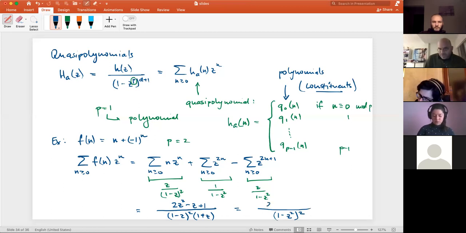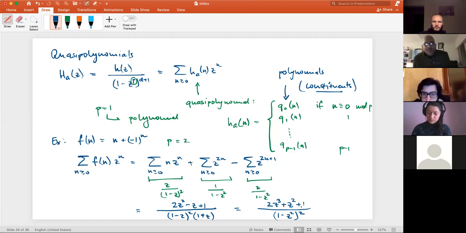And I believe this is, so again, I computed this earlier, a 2z cubed plus z squared plus 1. Yeah, so this is typical. What happens with quasi-polynomials is you might have different forms of the rational function. Are there any questions about this?